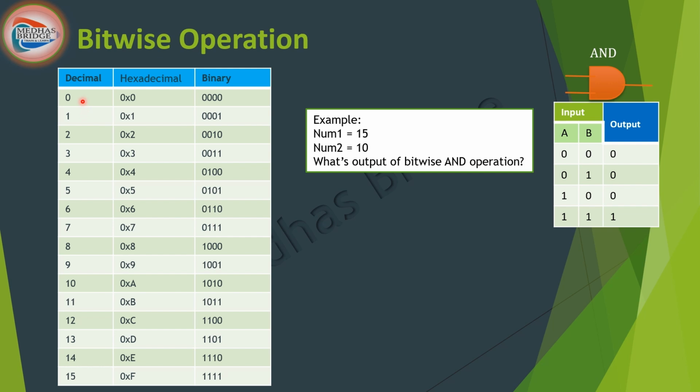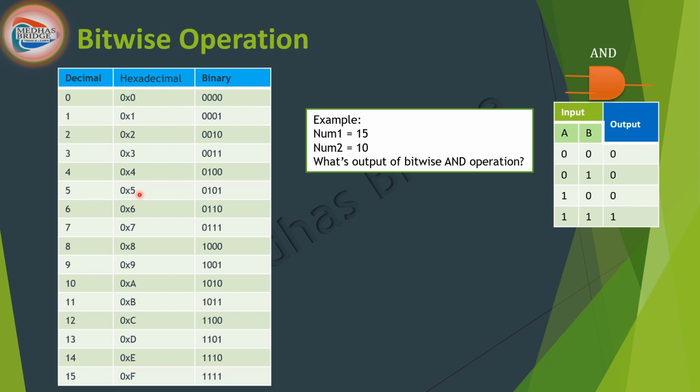I have noted here 16 levels. The hexadecimal representation for each of these decimals is 0x0, 0x1, 2, 3, 4, 5, 6, 7, 8, 9. Instead of 10, I now get 0xA, because the equivalent of 10 in hexadecimal is A, the equivalent of 11 is B, then C, D, E, F. So if somebody says hexadecimal F, that is the decimal equivalent of 15.